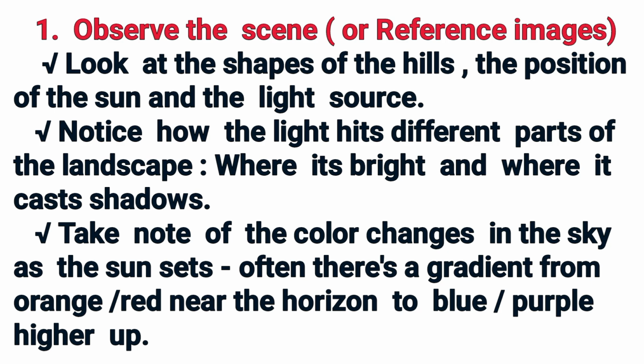So you take note of that also. Then thirdly, under this step, take note of the color changes in the sky as the sun sets. Often there is a gradient from orange to red near the horizon to blue and purple higher up. So those are three things you are supposed to look at when you are observing the scene.